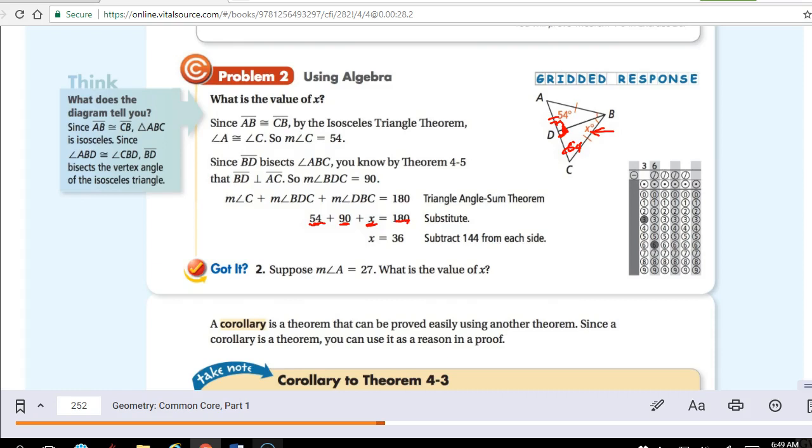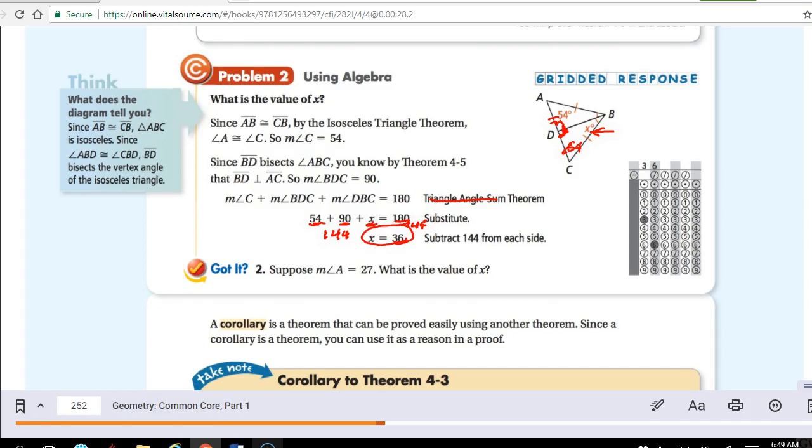Those three have to add up to 180 because that's the truth about a triangle, that the three inside angles always add up to be 180. That's called the triangle sum theorem. So this comes out to be 144. If I subtract 144 from 180, I end up with the 36, as you can see there.